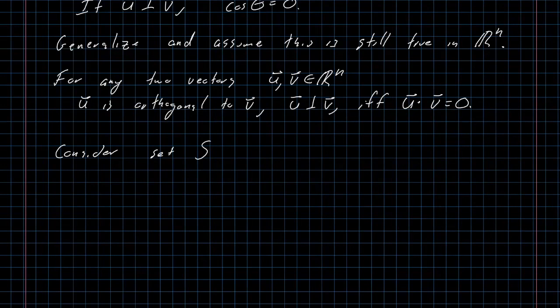So let's consider a set. I'll name it S. It's going to be a collection of vectors that I will name as subscripts, v1, v2, all the way down through to v sub k, a subset of Rn.